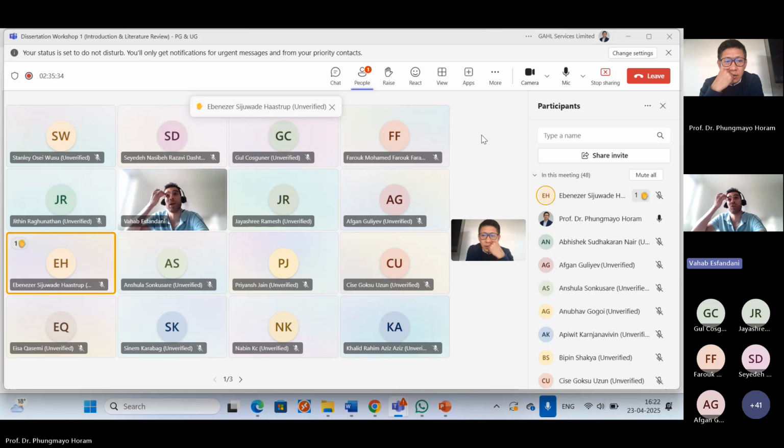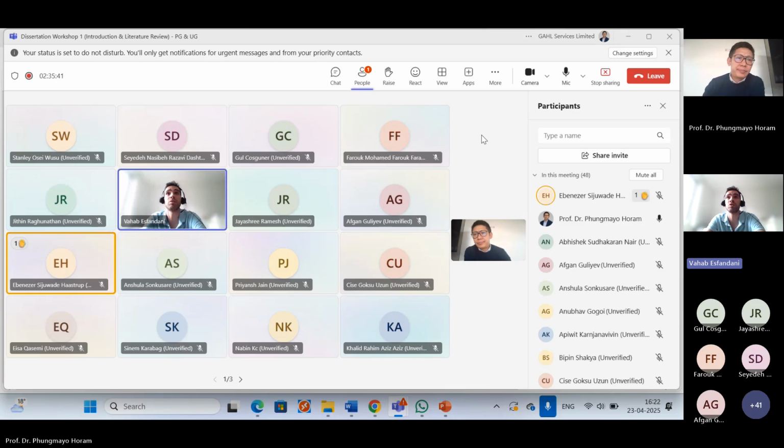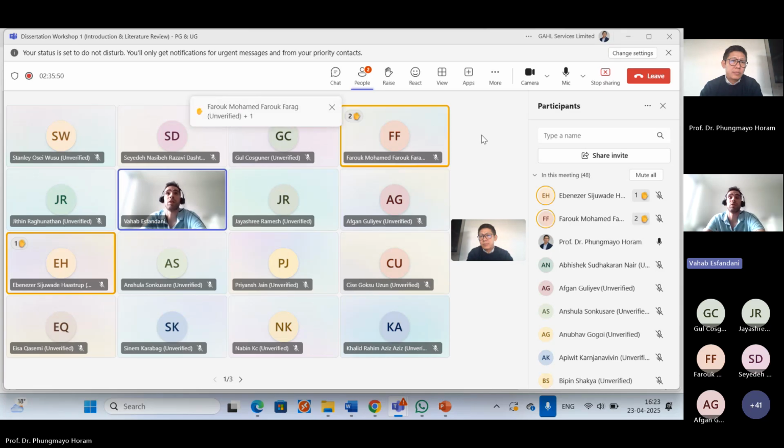Actually, whenever you reach out to your supervisor, you should send an email and keep waiting for 3 or 4 days. After that, you can send us proof, for example a screenshot of the email or the team message that you have sent him or her, and then we will chase it up.